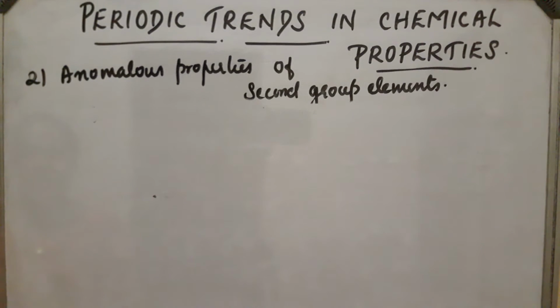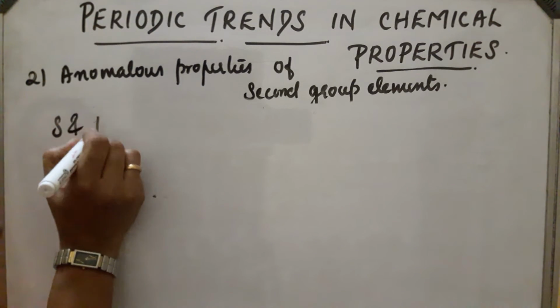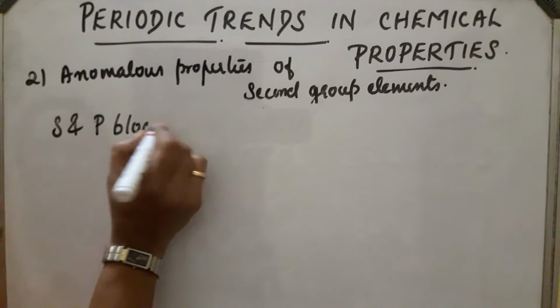The second property is anomalous properties of second period elements. The first elements of s and p block elements differ in many respects from the remaining members of the respective groups.